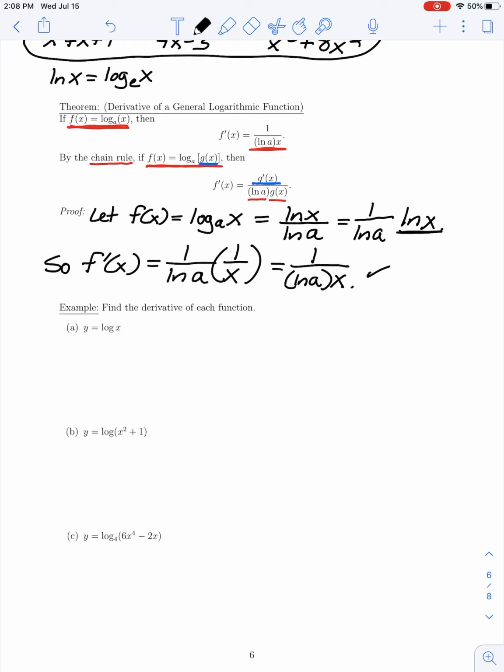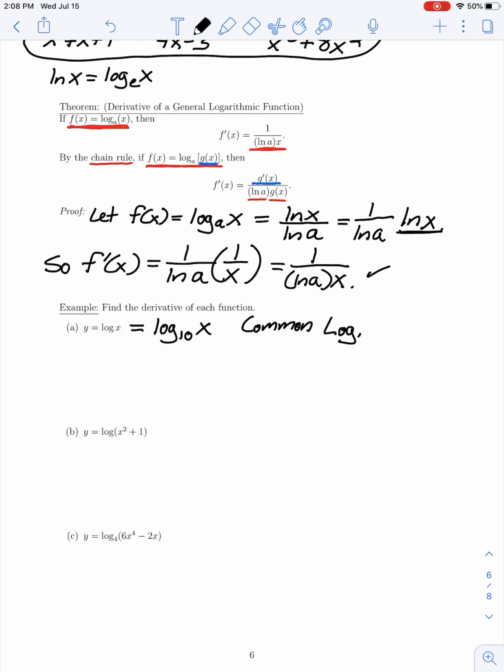In part A, we have y is written as log of x. Now recall that this notation is representing the common logarithm, which is log base 10.